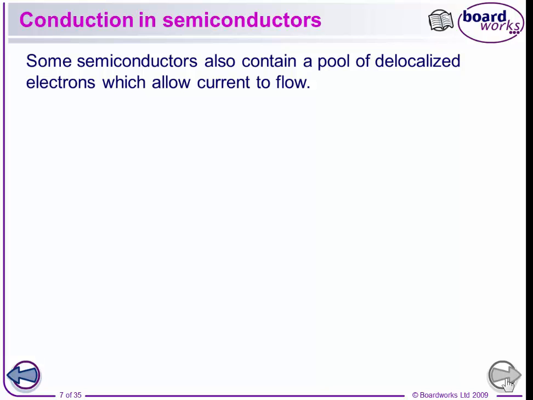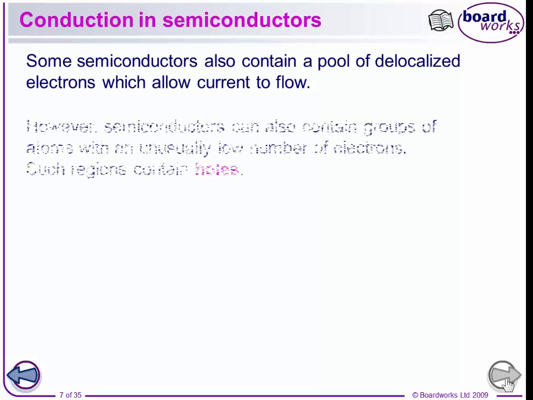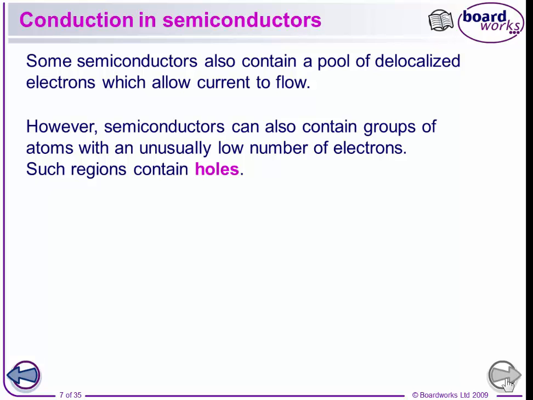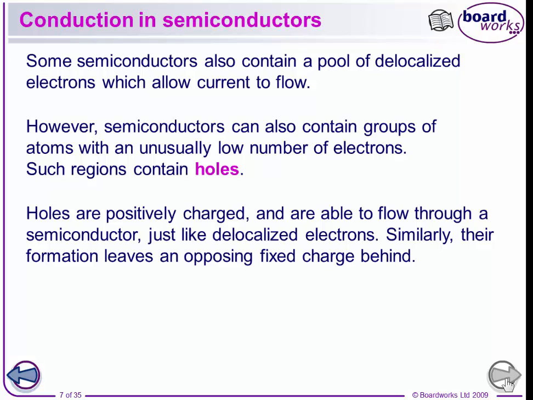Some semiconductors also contain a pool of delocalized electrons which allow the current to flow. However, semiconductors can also contain groups of atoms with an unusually low number of electrons. These regions are called holes. Holes are positively charged. They are able to flow through a semiconductor just like delocalized electrons, but in the other direction.